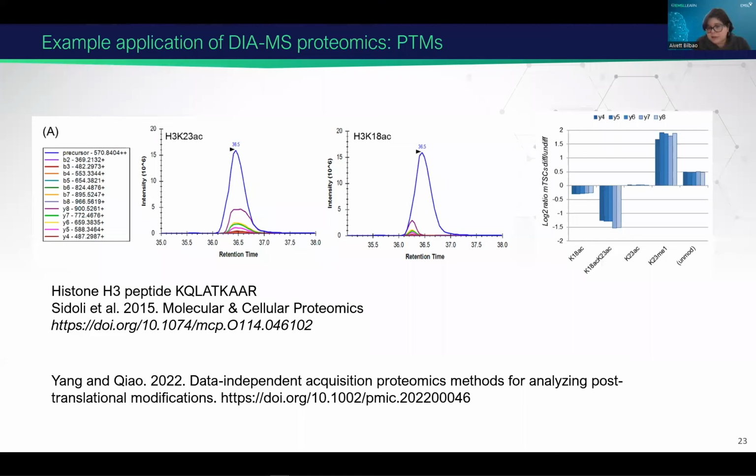The advantage of this kind of analysis is, for example, for a study of PTMs, post-translational modifications. Since we are fragmenting all of the molecules, the precursors, we can generate chromatograms not only for the precursor, but also for the fragments.